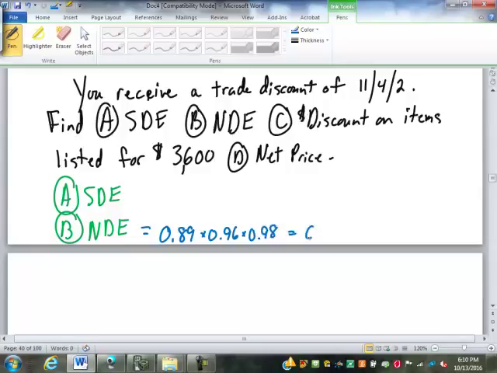What's that give us? 0.837312. Perfect. So then my single discount equivalent is 1 minus that 0.837312, or 0.162688.